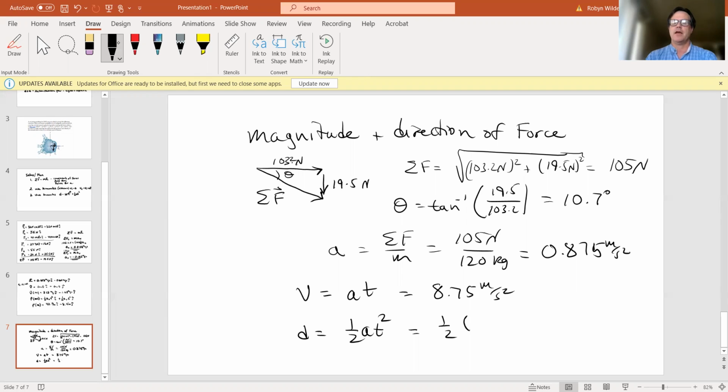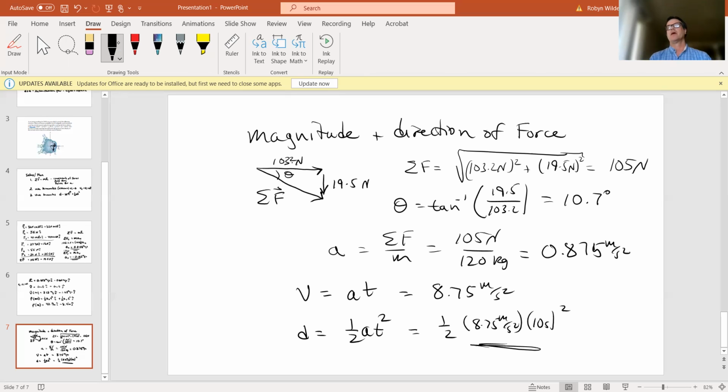If I just take my 0.875 meters per second squared times my 10 seconds squared, plug in the numbers, whatever number you get is the distance it actually went along a straight line at 10.7 degrees below the x-axis. So it's all in the same direction, but I'm now dealing with the magnitudes. So my position vector would be this distance in a direction of 10.7 degrees below the x-axis.